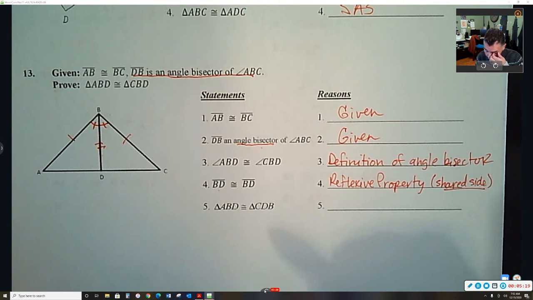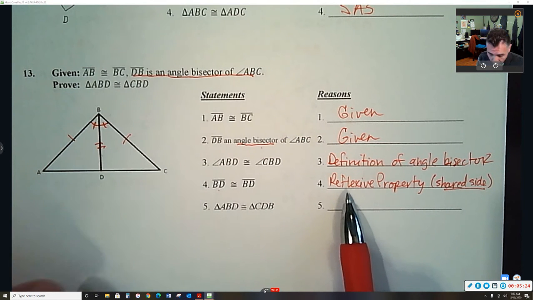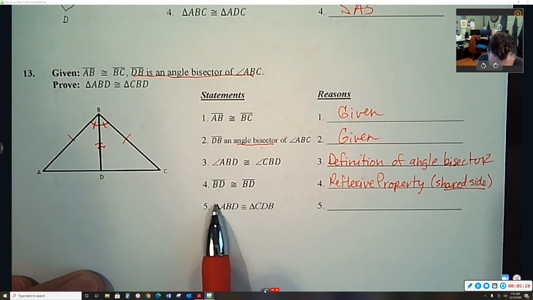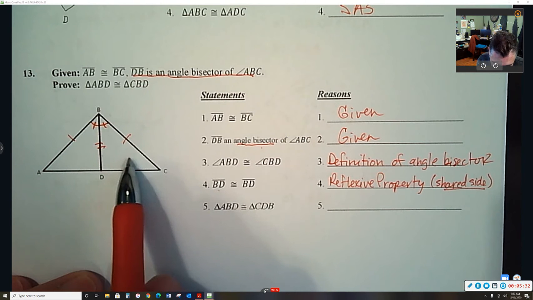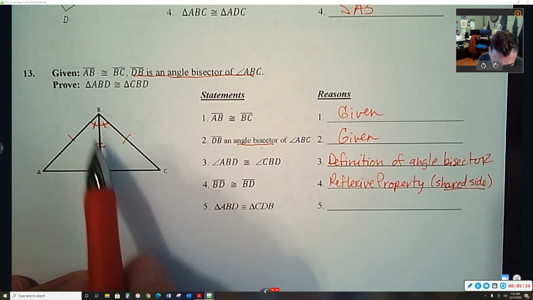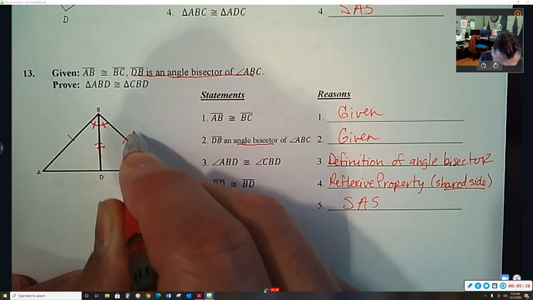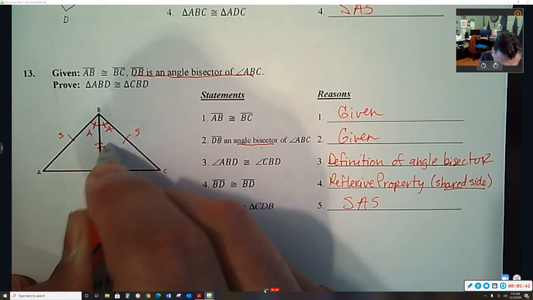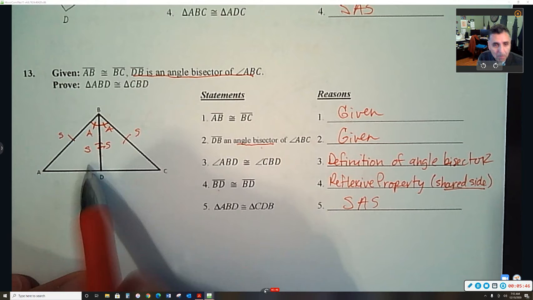And then finally, if you look at the diagram, you can figure out the congruence conjecture, or the shortcut. I know this triangle, ABD, is congruent to this triangle, CBD, by side, angle, side. Right? This is a side congruent to this side, this is an angle congruent to that angle, and this is a side congruent to that side. You have side, angle, side on both triangles.